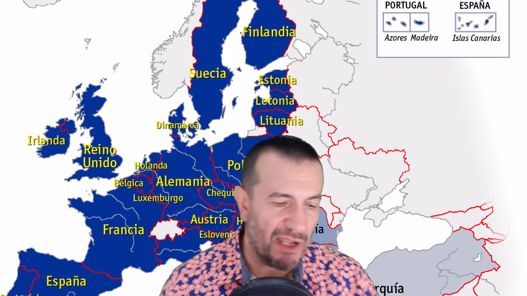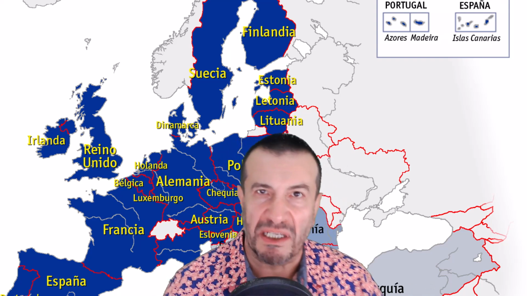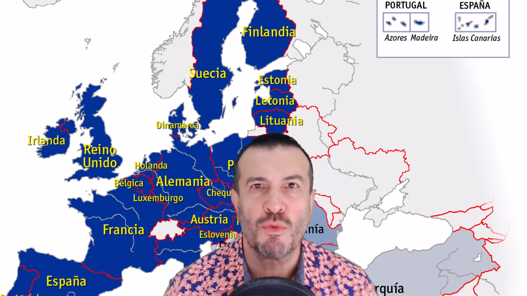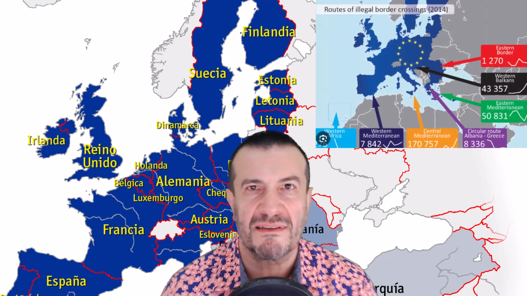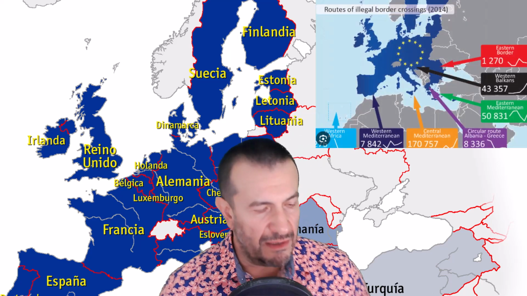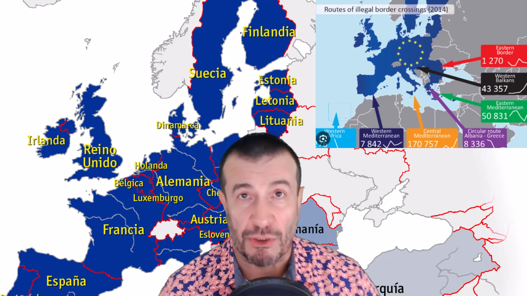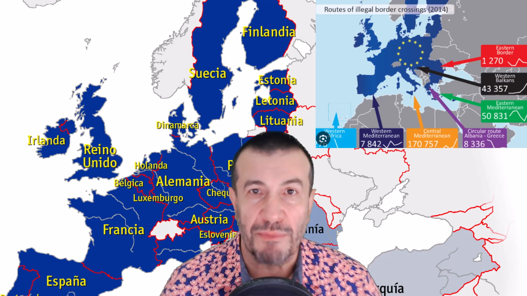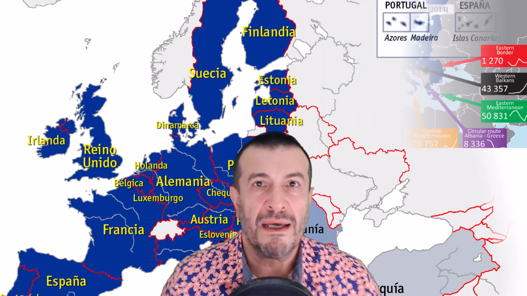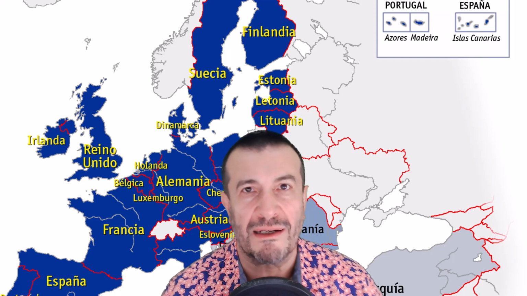So the second problem comes with migration, because there are too many clandestine migrants arriving in Europe, and there is pressure on security because criminality has been rising, and then also there is a cultural clash.